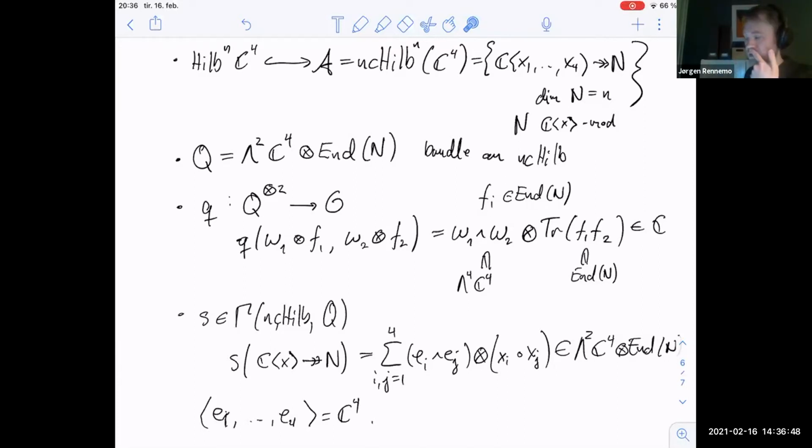So what you're describing is, if you have a scheme which sits inside a smooth ambient space and it's cut out by a section, you can always use that to define a virtual structure sheaf, to just write down the Koszul resolution as we did in the 3D case. But my claim is that if you're doing that, you're going to, well, it's certainly a fact that you're going to get the wrong thing.